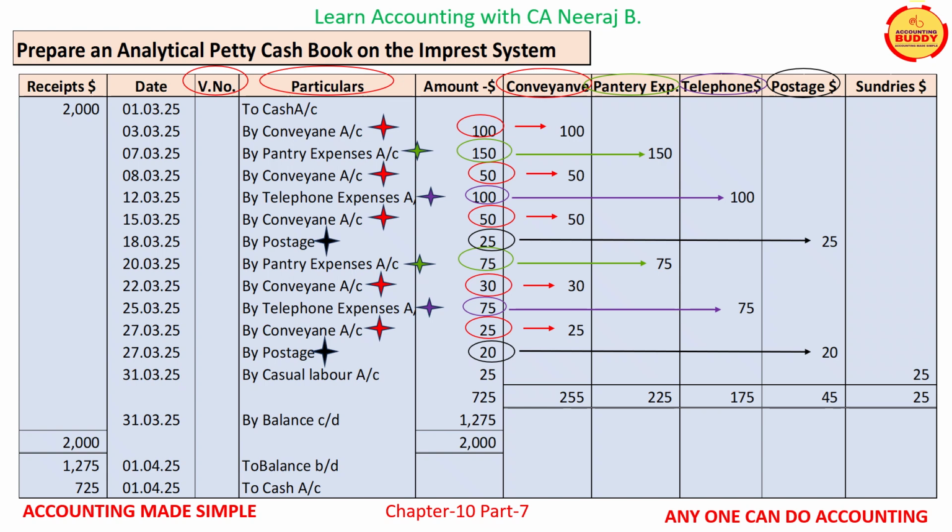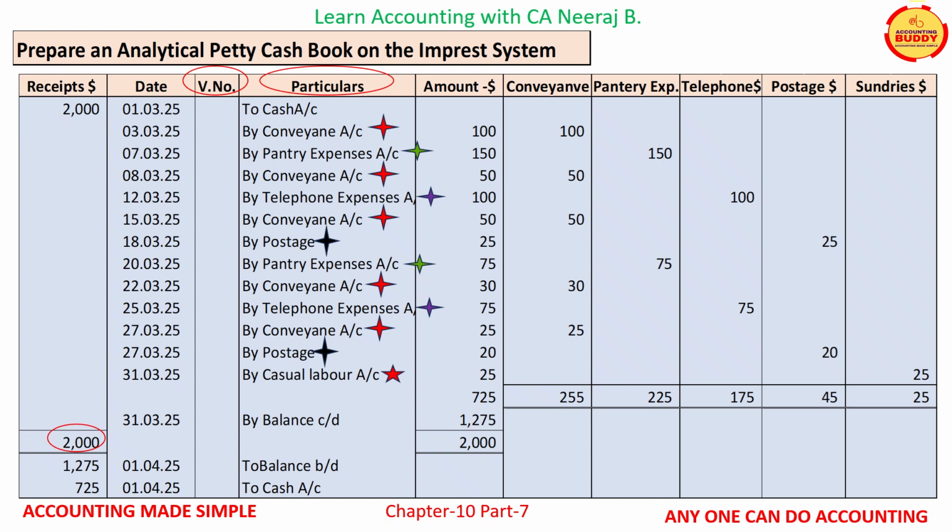Now, petty cash expenses like casual labor, not paid frequently, will first be recorded in the amount column and then again under the sundries column. Now, if we deduct from the total receipts of $2,000 all the petty cash payments of $725, we are left with a petty cash balance of $1,275, which will be written under the amount column by writing the words by balance carried down on 31st March 25.